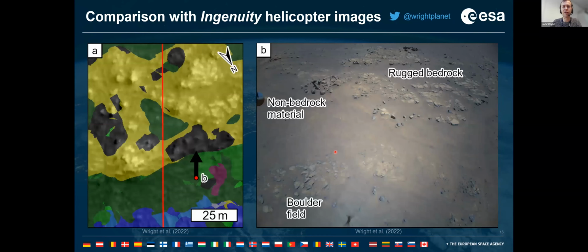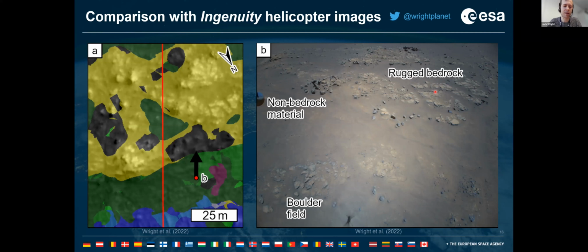And we can fly even further towards the end of the flight. So again, the helicopter is here at point B. It's looking ahead, and you can see this sort of boomerang-shaped outcrop here. Here it is here, and it's this rugged bedrock class that's jutting out of the landscape. And this is more difficult terrain for the rover to traverse.